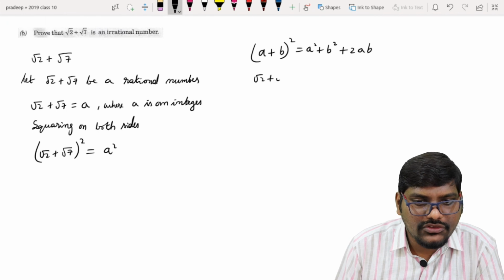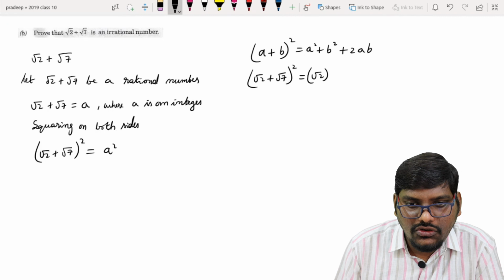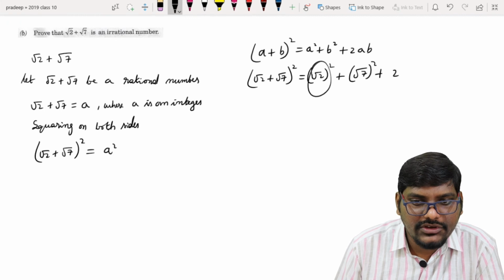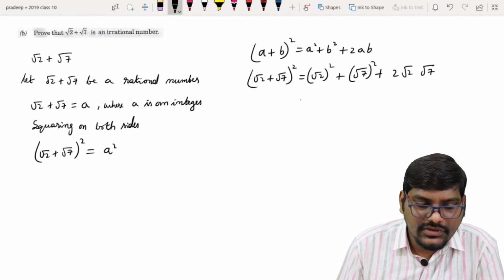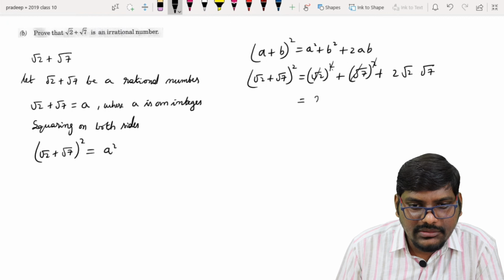So root 2 plus root 7 whole square is root 2 whole square plus root 7 whole square plus 2 into root 2 into root 7, taking root 2 in the place of A and root 7 in the place of B. Root 2 and the square can be cancelled, and root 7 and the square can be cancelled. So this will be 2 plus 7.